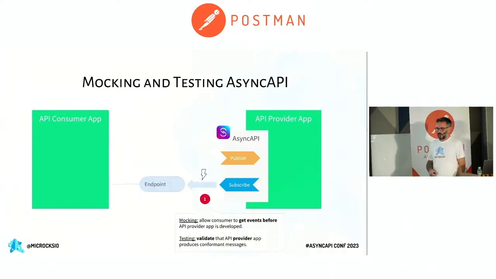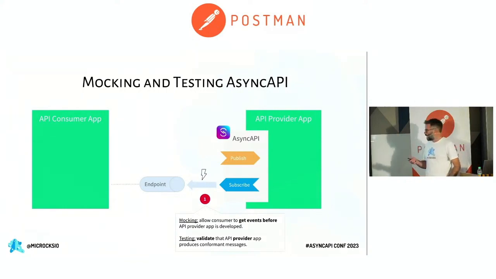So typically, when you subscribe, mocking allows consumers to get the events before your provider is actually ready. And testing allows you to check that your provider handles its promise correctly.